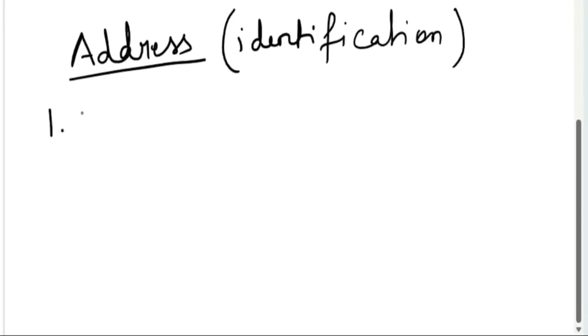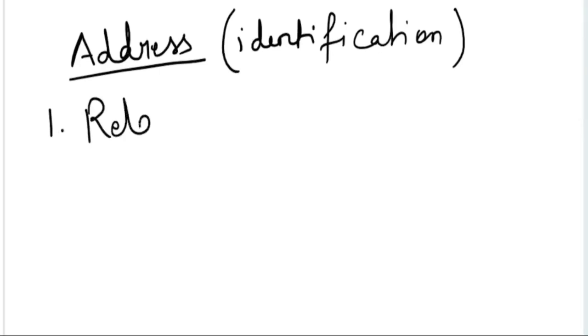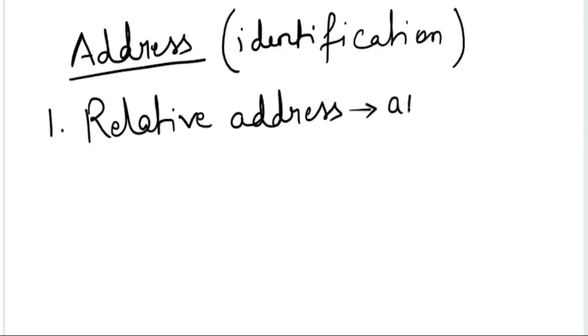First, relative address. Relative address is simply naming the row and column like A1, B2, B3, C1, like this. Why we call them relative, we'll get to know later in the part when we will start practicals.